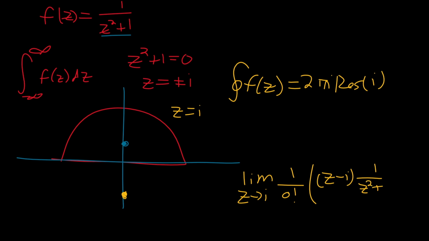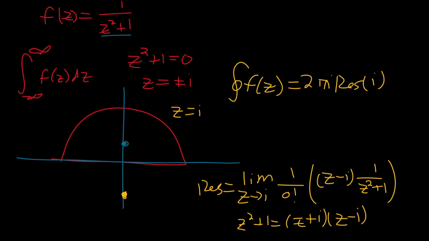Z squared plus 1. So this is our residue right here. But one thing we can do with z squared plus 1 is just factor it. So we can say z squared plus 1 is equal to z plus i, times z minus i.